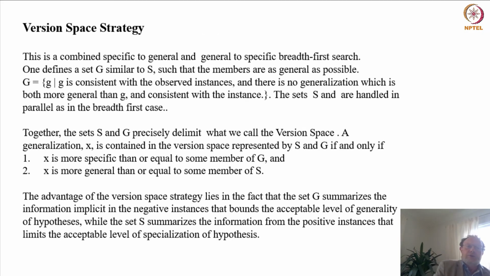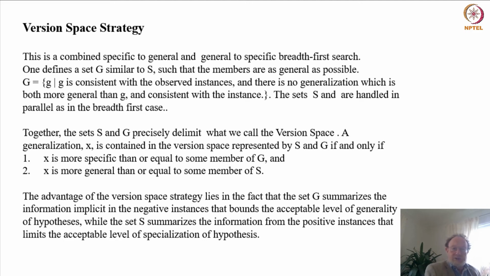Let us now turn to the third strategy, the so-called version space strategy. Actually, the version space strategy is an extension of the breadth first search approach. And it's a combined specific to general and general to specific approach.